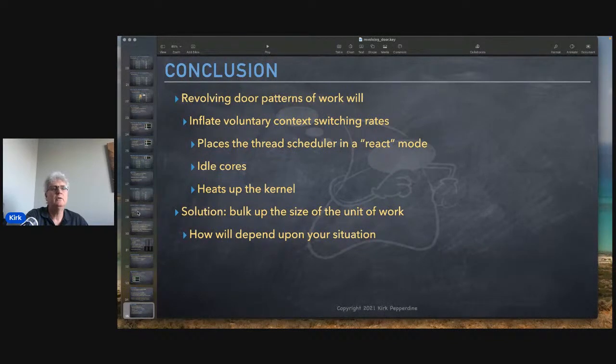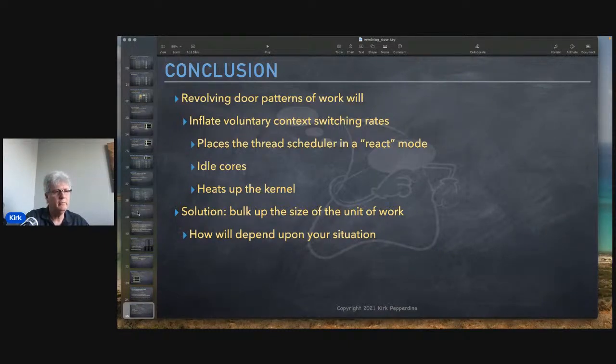So cooling down the rates of context switching is what you want to aim for. One way we can do that is to bulk up the size of the units of work that we're working on. So instead of working on individual events, maybe we can queue a bunch of them and then send them forward. Again, you'd have to look at the latency concerns, because if you queue things, you're injecting latency into your response times.